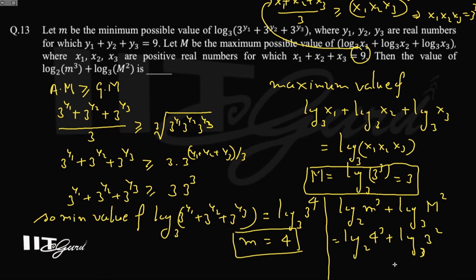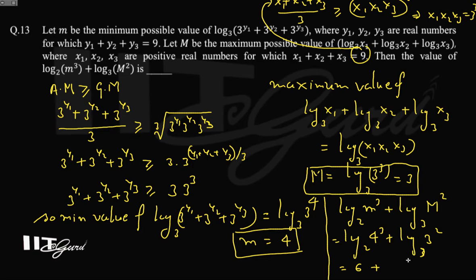And after solving this, 4 cube can be written as 2 to the power 2 cubed, that is 2 to the power 6, so log base 2 gives 6.